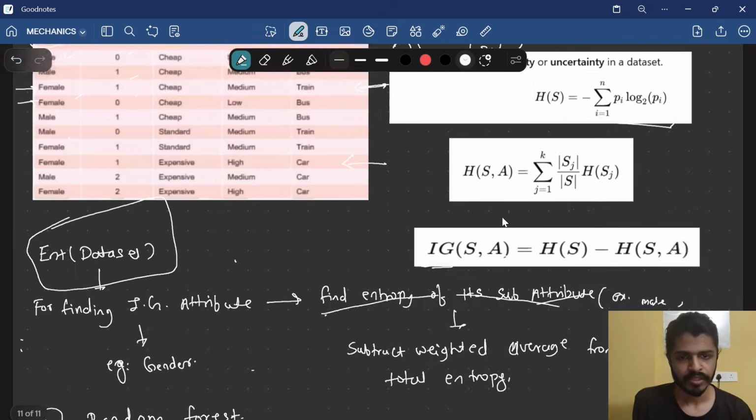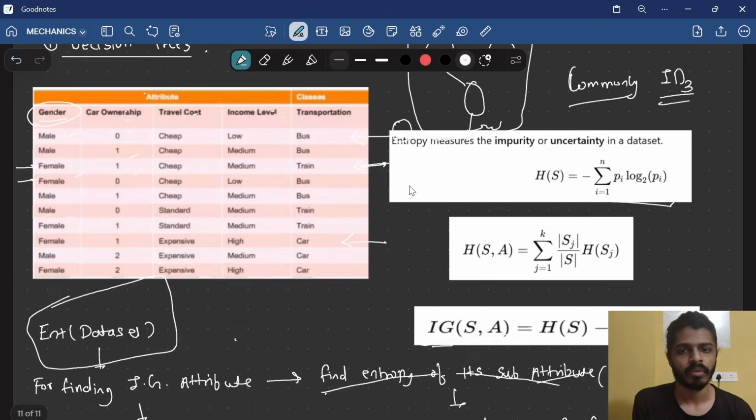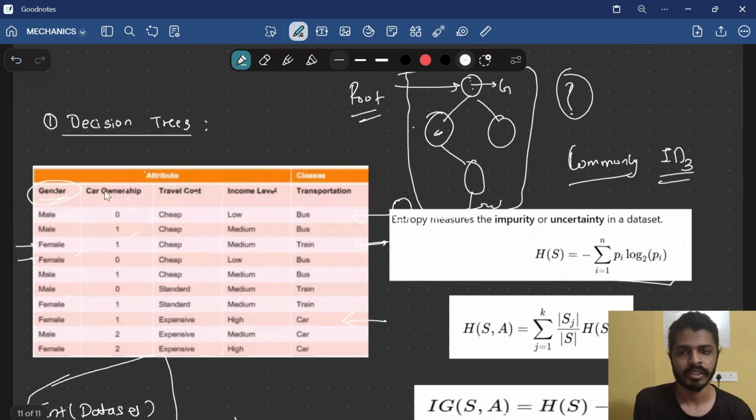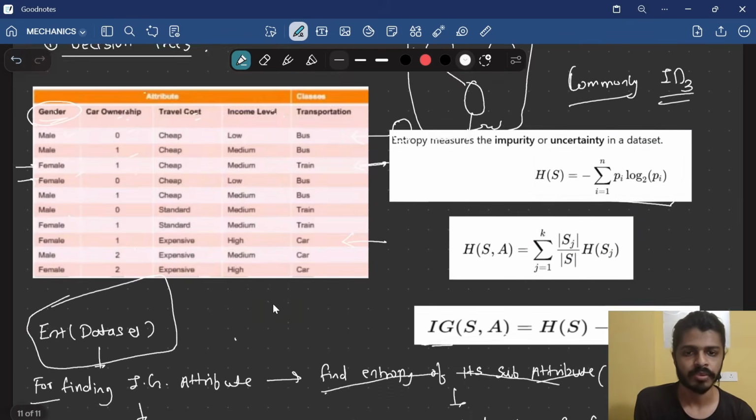To form any decision tree, we need a root node. So first we have to deduce what the root node will be: gender, car ownership, travel cost, or income level. To do that, we find the information gain of the attributes.